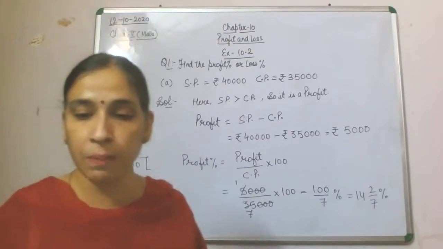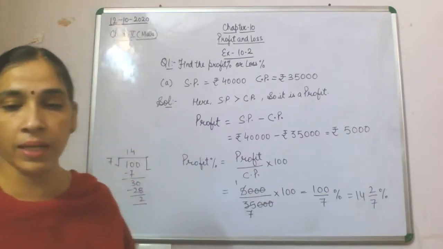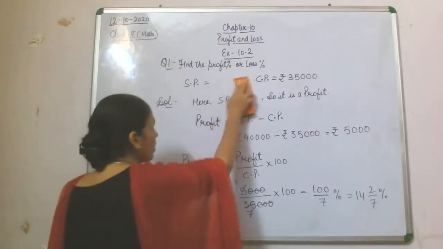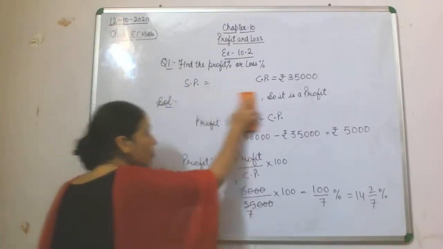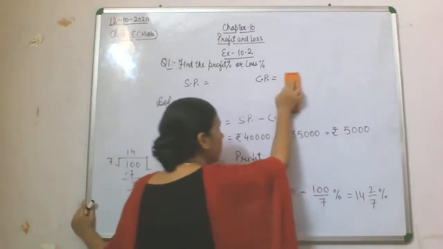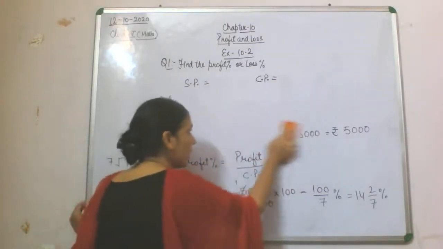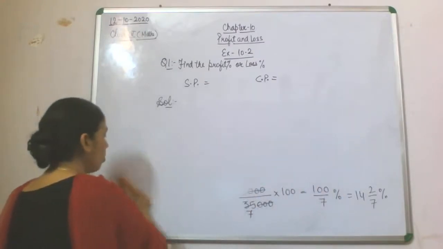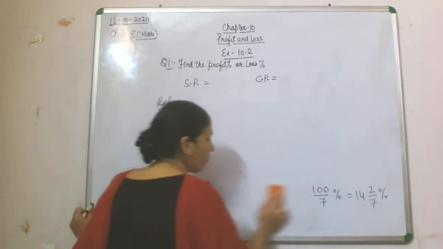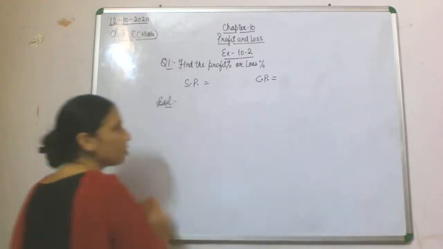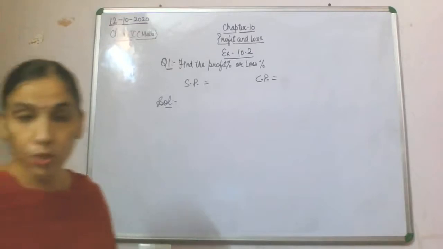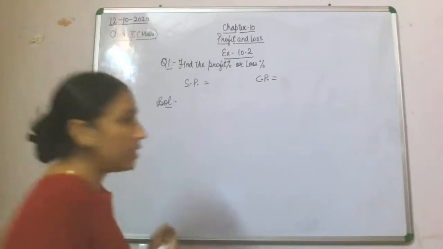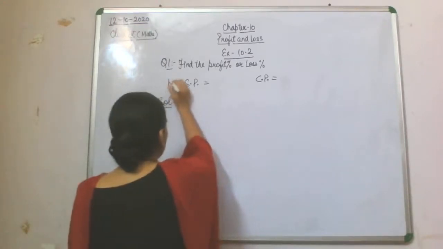Now we'll see B part, and in B part let's find out whether it is a profit or a loss. So the first basic thing is to find whether it is a profit or loss, and after that only you are going to calculate profit percent or loss percent. For calculating profit percent or loss percent, you need to mention over there whether you are getting profit or loss. Now B part.